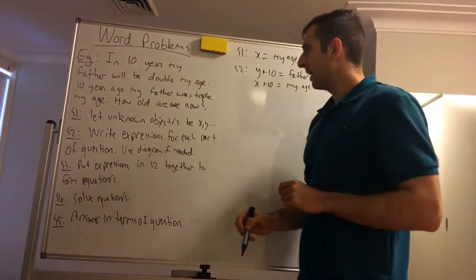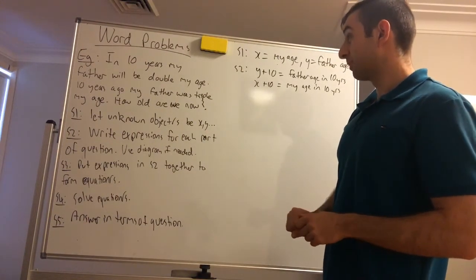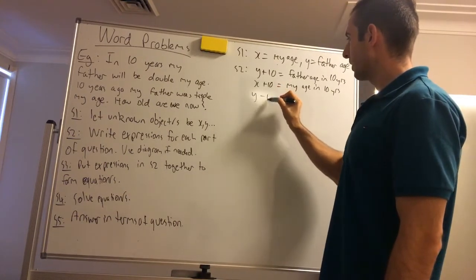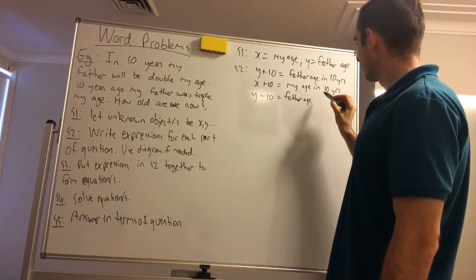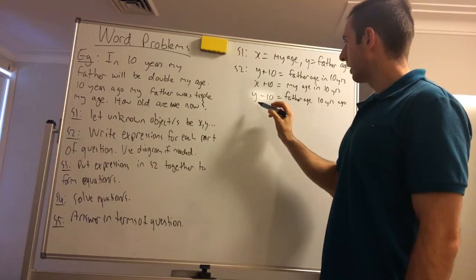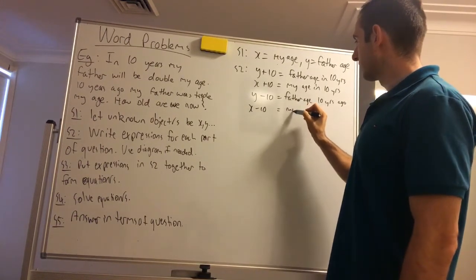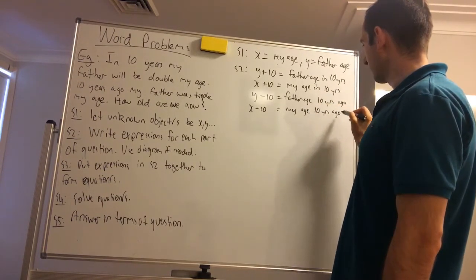That's the first part. And it says, 10 years ago my father was triple my age. Okay, so then that means y minus 10 is father age 10 years ago, and that means x minus 10 is my age 10 years ago.